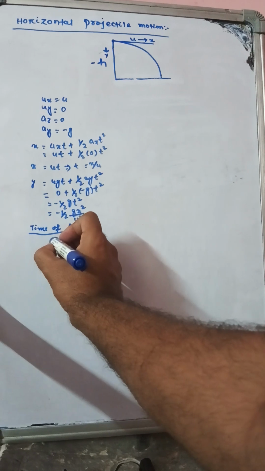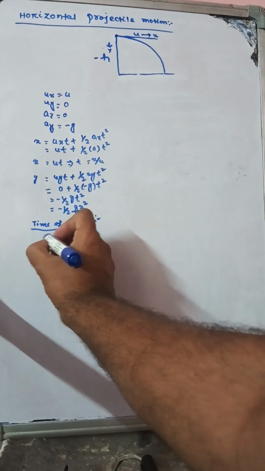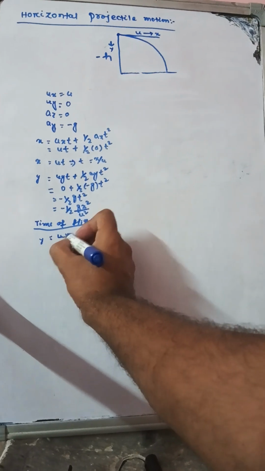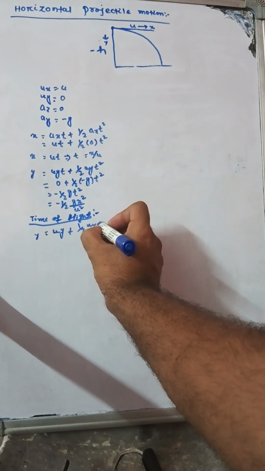So y is equal to uyt plus half ayt square.